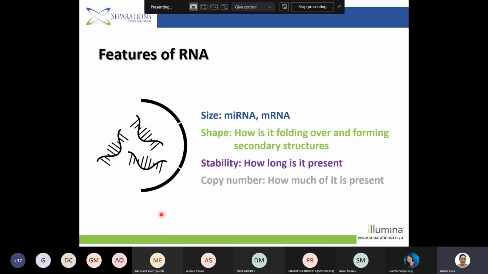Obviously, then we need to understand the shape. How is that RNA folding over? Is it forming secondary structures? We need to understand the stability of that molecule and how long it is present in the specific cell. Also, when we're talking about RNA extractions, we need to know how much is present in the cell. What is the copy number of the specific RNA?